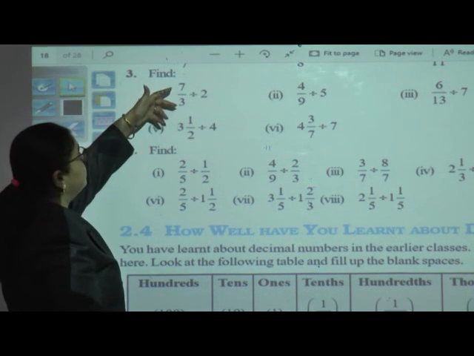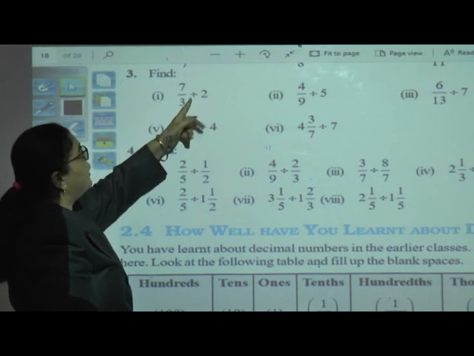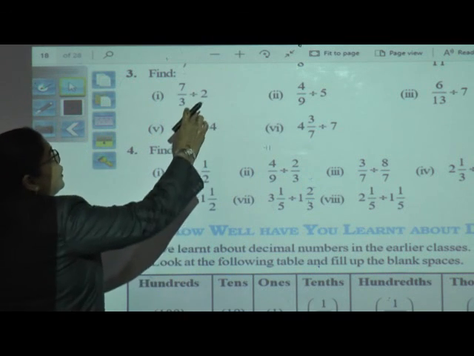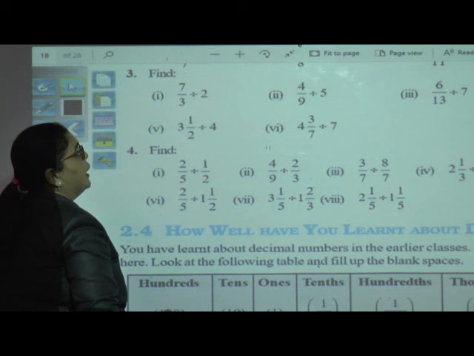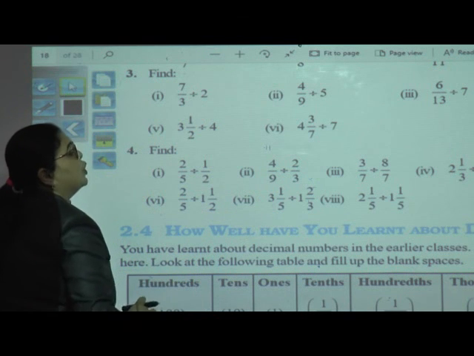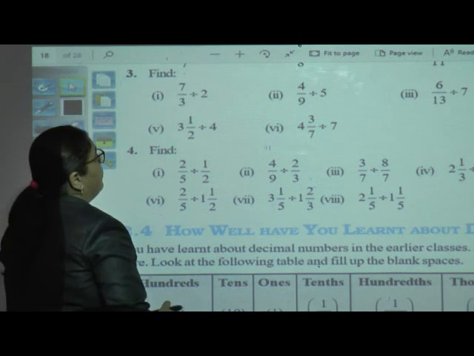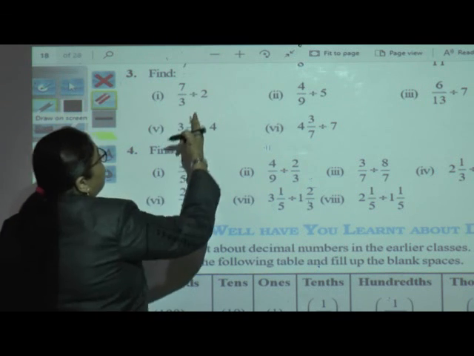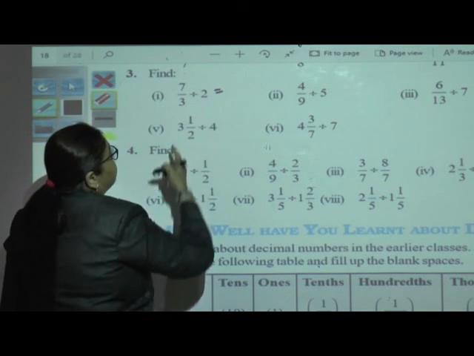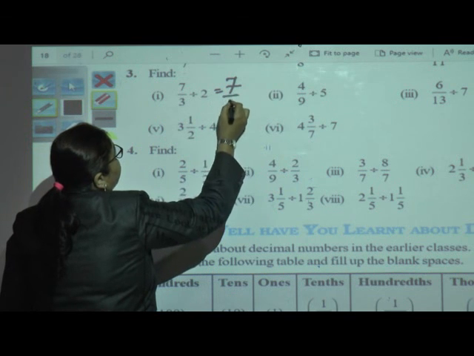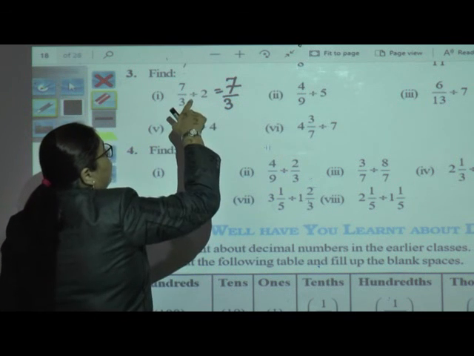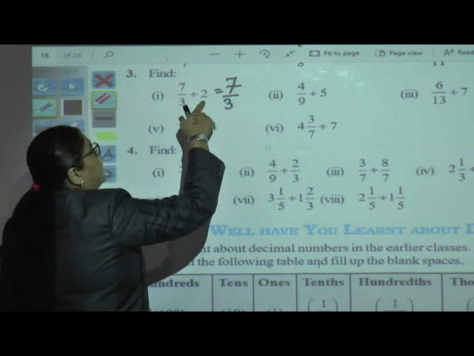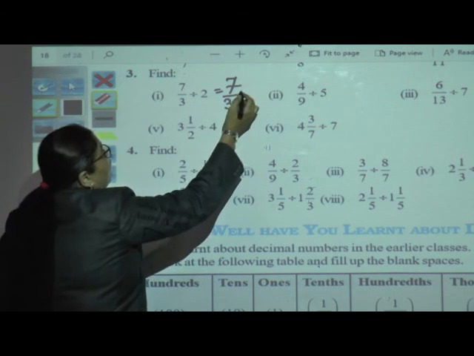Find the value. We have a fraction divided by a whole number. Now you might be getting confused. Here we have a whole number, but you know that a whole number is always 2 upon 1, that is, we have to imagine 1 in the denominator. So what will be the next step? We will write 7 upon 3. After the division, we have to take the reciprocal of the fraction.